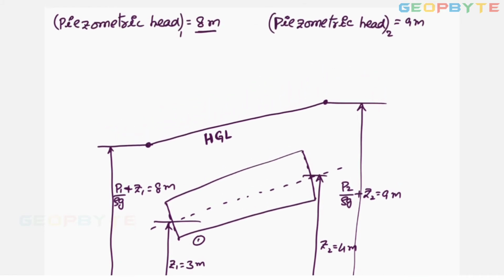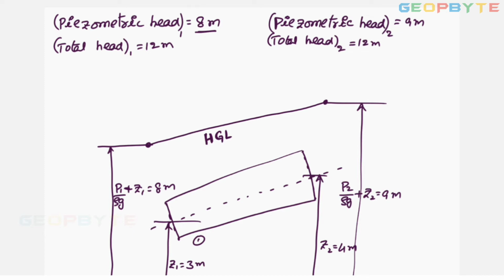Similarly, let us take the total head at entrance. Total head at the inlet, I got 12 meters. Similarly, total head at outlet is also 12 meters.